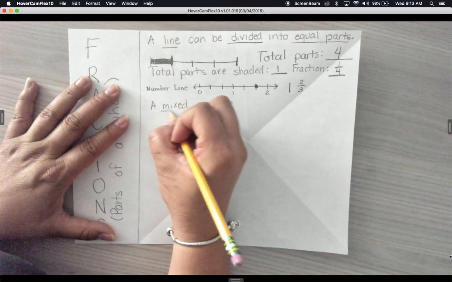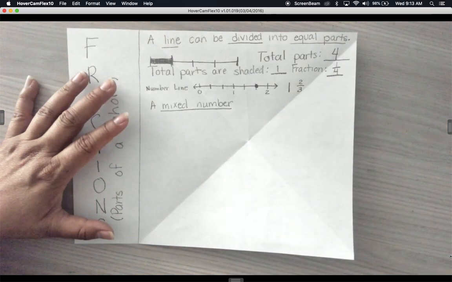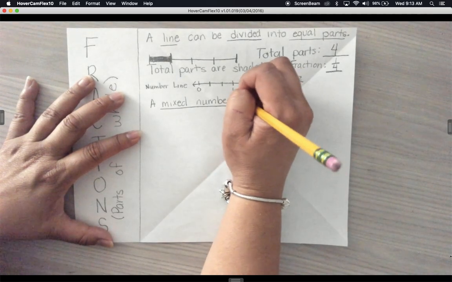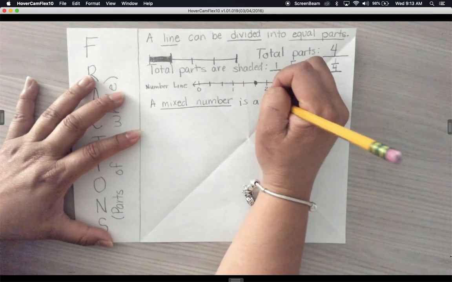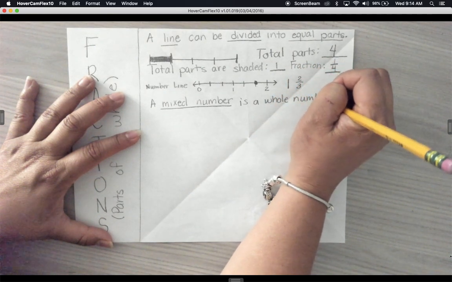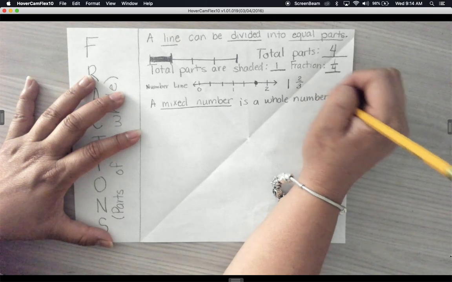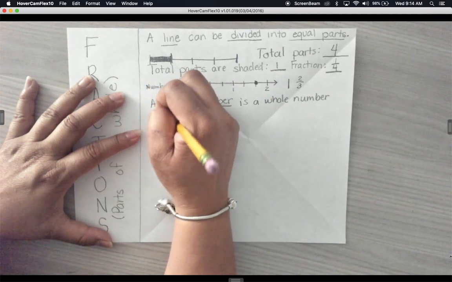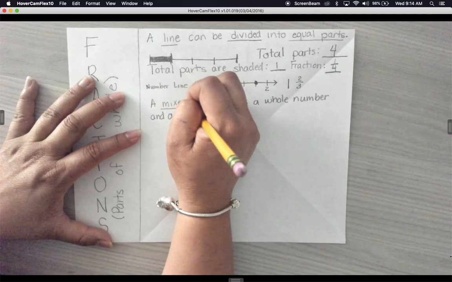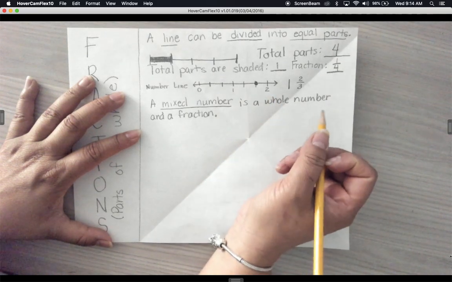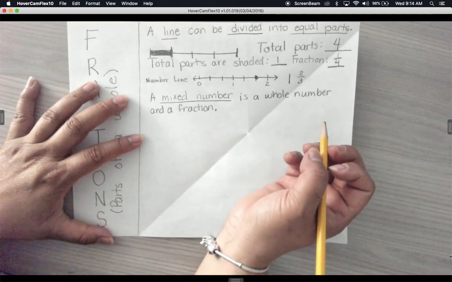So a mixed number is a whole number and a fraction.